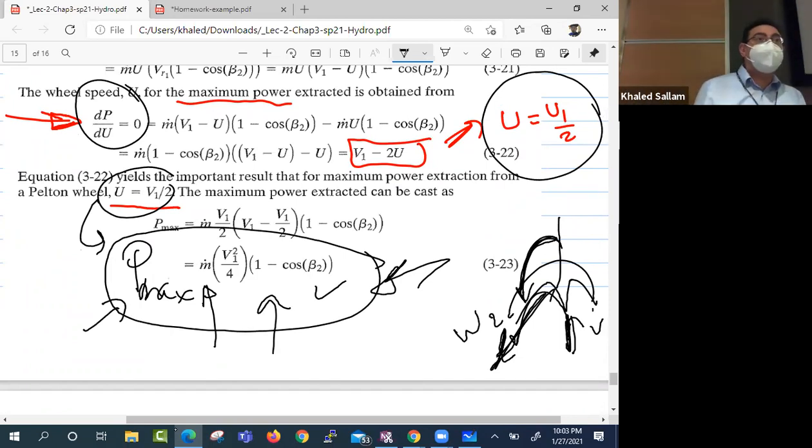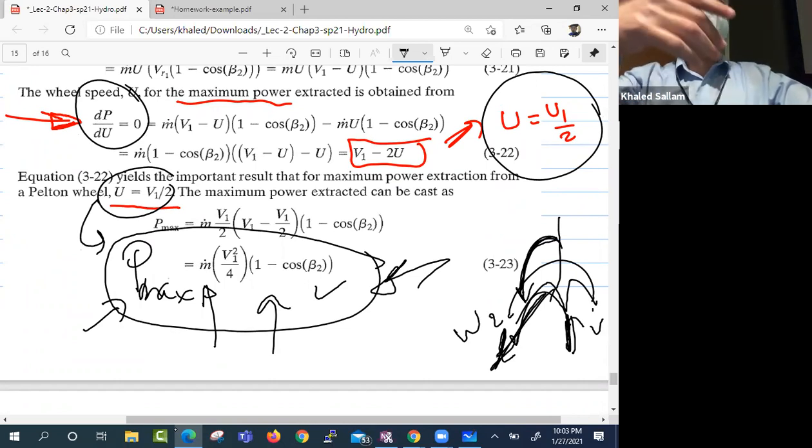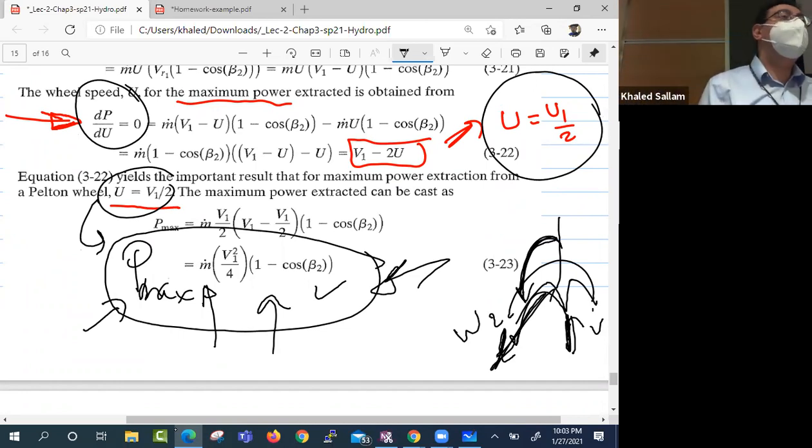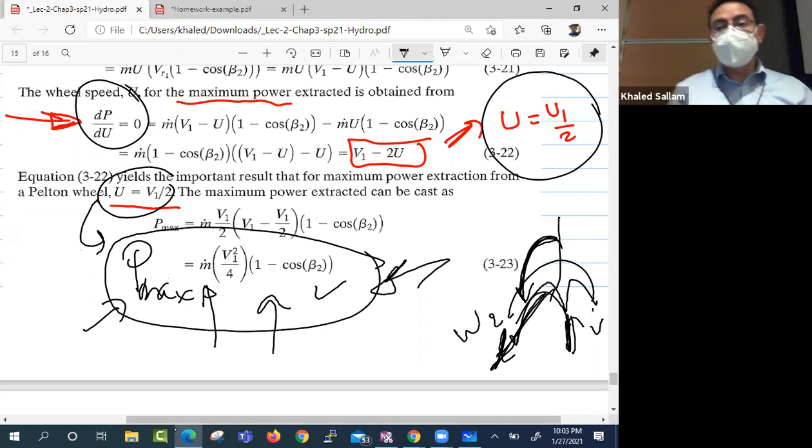So if the problem comes and says, determine the velocity U when the power was this much, you don't say U is V1 over 2. No, that's only the optimum. And if he's asking, when my power was this much, what was the U? You calculate the U from the equation. You don't force the optimum velocity on it. You got that? All right.